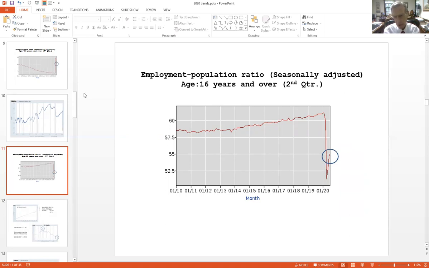So things were going really well until the coronavirus. And now we have this big problem of a lot smaller portion of the population being employed. I think that this measure is more informative than unemployment. I think that this gives us a clearer way to see the employment picture than unemployment does.